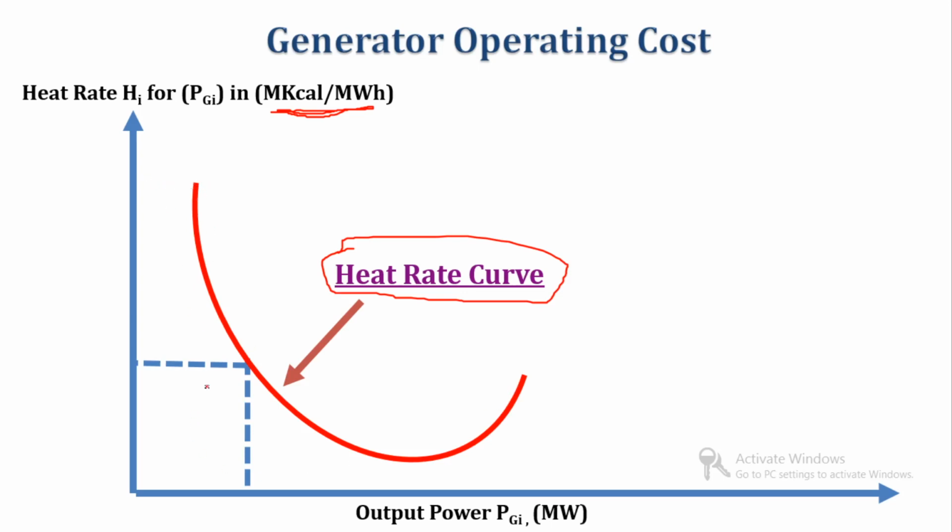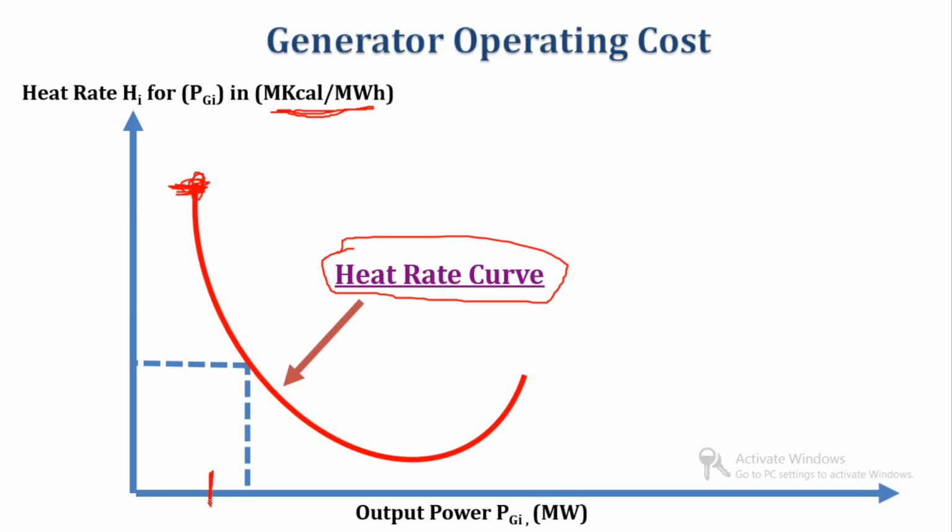If you consider this point, at this particular point the heat rate is maximum, but the output is very much less. The heat rate is very high, but the output is very low. This can be explained by the fact that this is the starting of the generating unit.